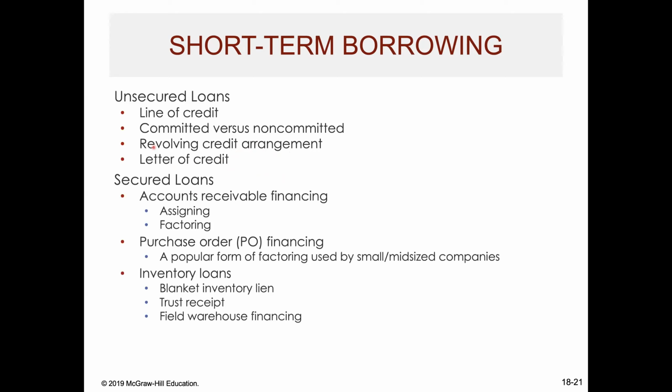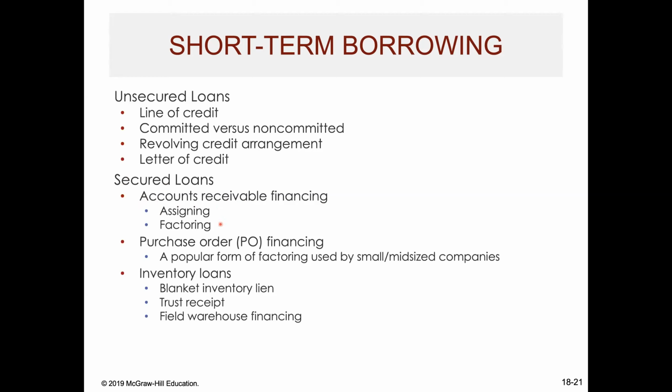Then we have secured loans. So secured loans means something is backing it. And in this case, we can back our loans with accounts receivable financing. So we could just assign our accounts receivable, meaning that if there is an issue with us being able to pay back the loan, at that point, the lender could then be assigned or receive the income from the accounts receivable.